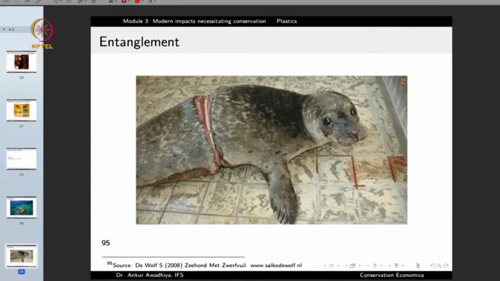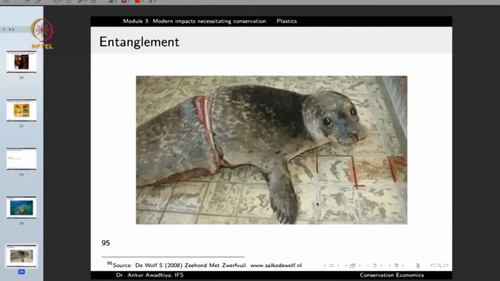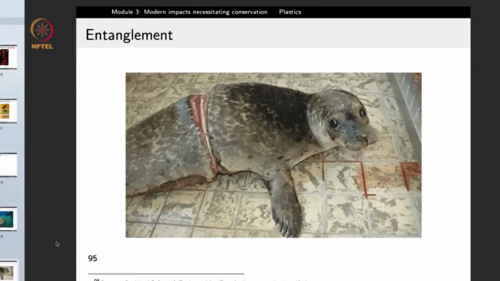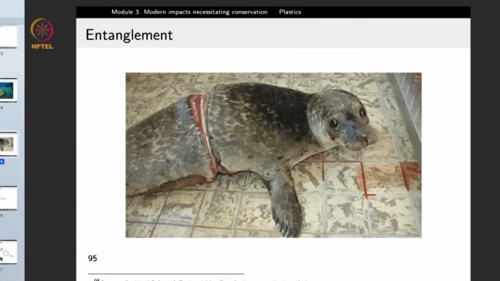And here we can see that this plastic is cutting into the body of the seal. We can observe these things in a number of animals. I have seen some monkeys in the forest that have plastic tied across their waist, and those monkeys are unable to feed because this plastic is pressing against their bodies. So, entanglement is also another way in which plastics decimate our biodiversity.